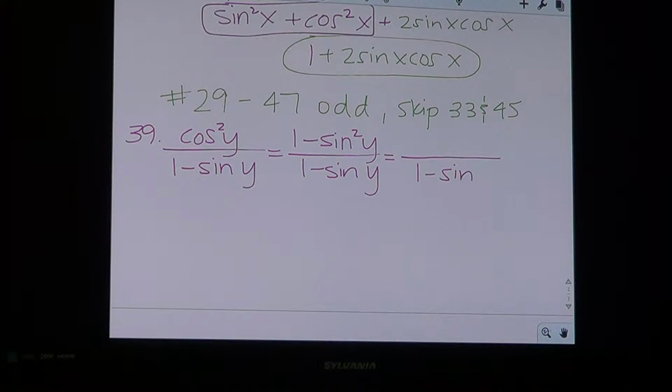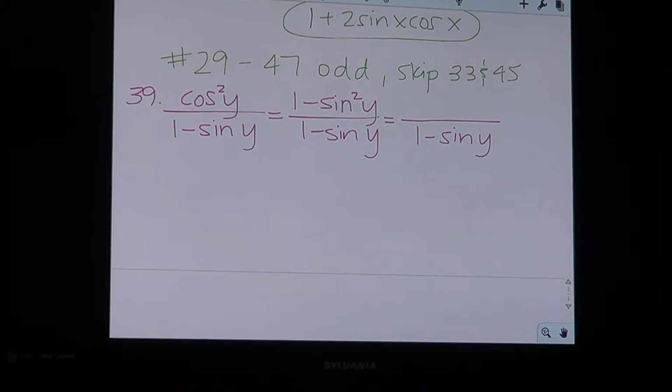We can factor the top. It is the difference of 2 squares. You guys remember factoring the difference of 2 squares? I know we've done it before. Anytime you have perfect squares, like say 4x squared minus 1, those are perfect squares, right?